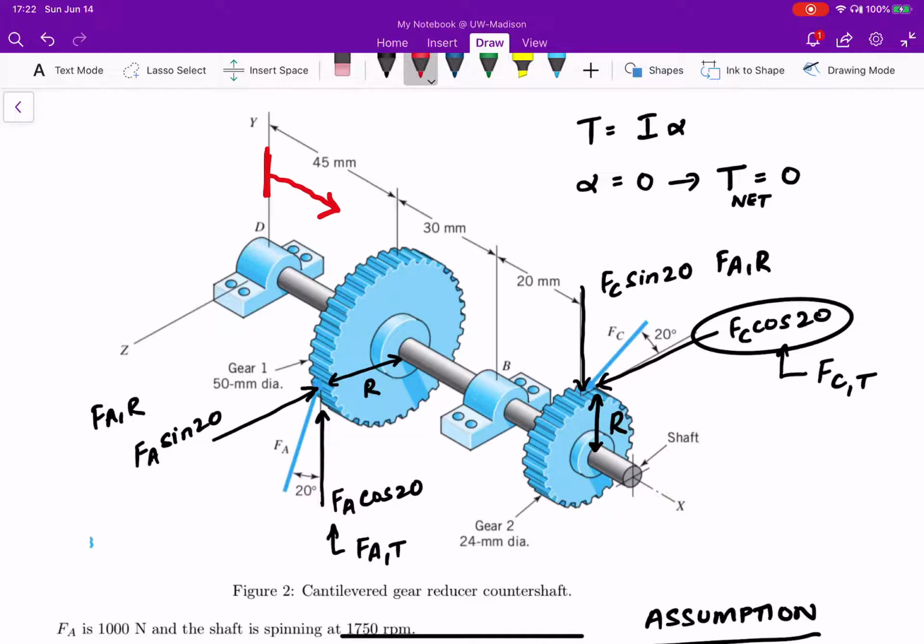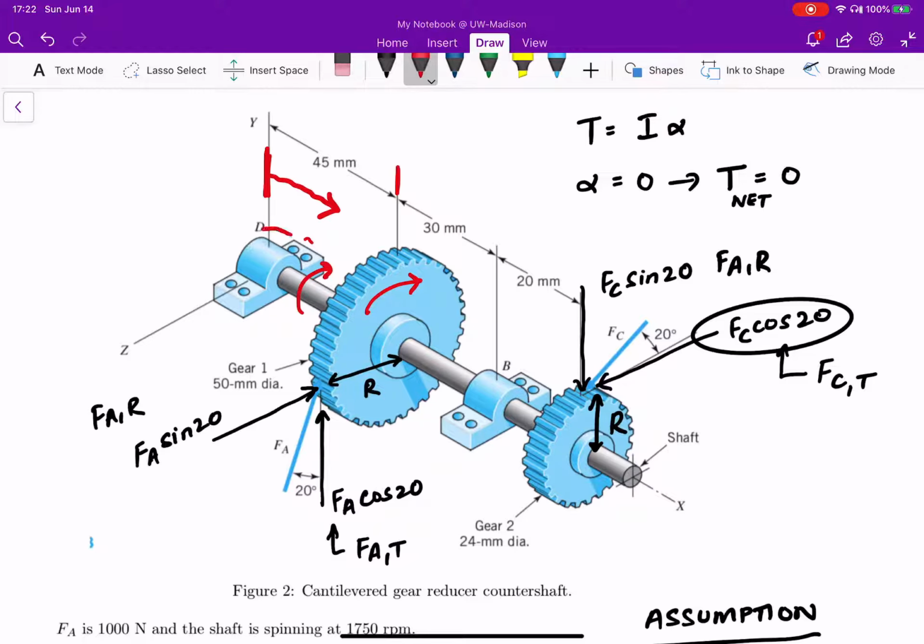So from the origin up until, for 45 millimeters, until I reach the first gear, there is no restriction for the shaft to spin, or no torque being imposed. It spins freely, right? It's as if in the rotational sense there is no component at D. However this gear spins, this shaft spins with the same speed or with the same amount of effort, which is none. There's nothing holding it back.